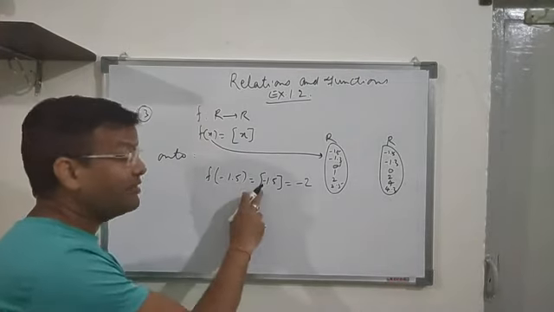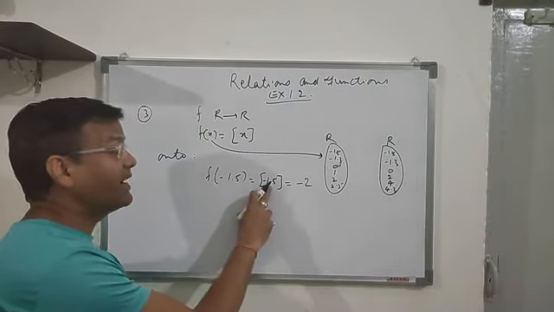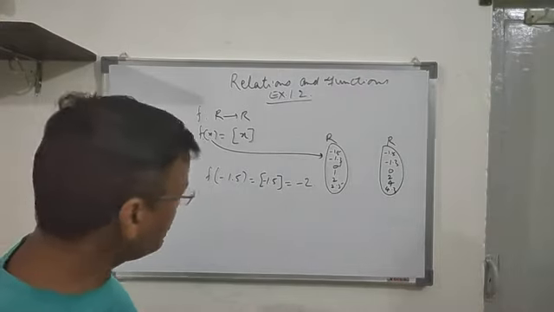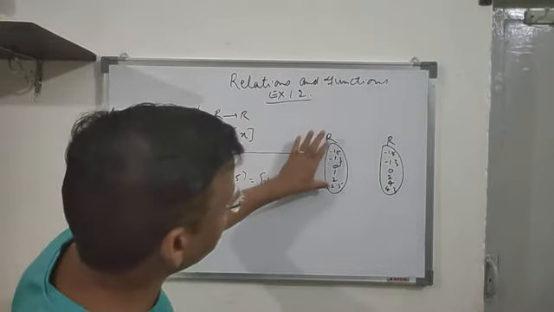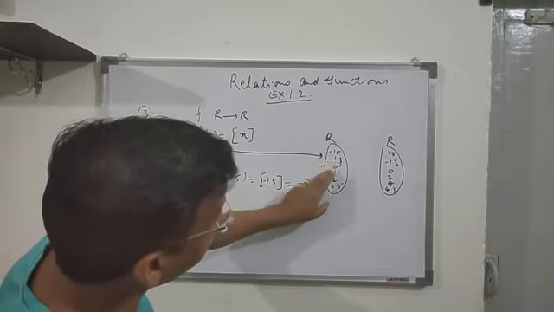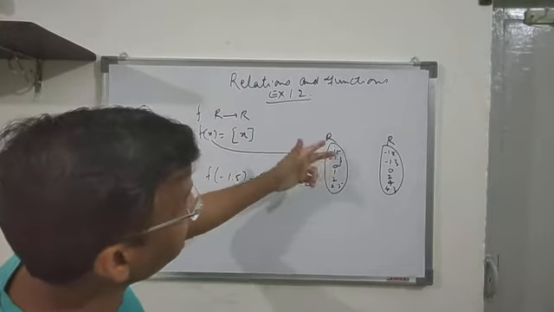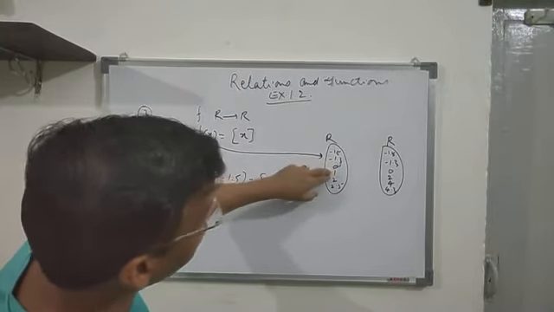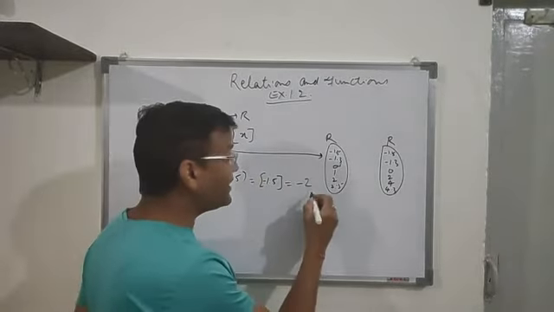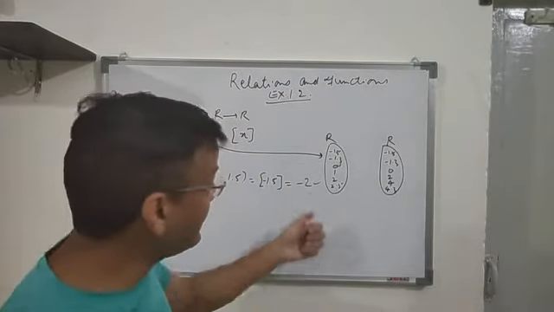It cannot be minus 1, it will be minus 2, because it cannot be greater than minus 1.5. So whenever we take any element from the domain, we are getting an integral value as the image.